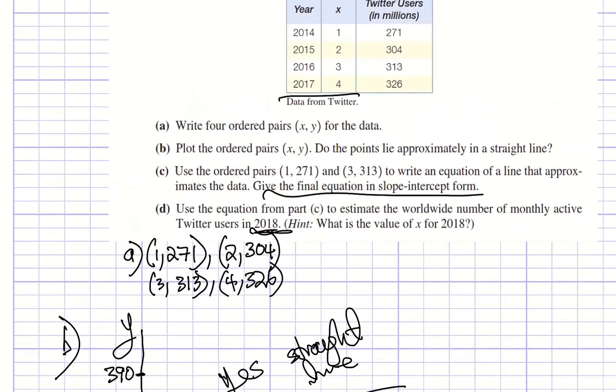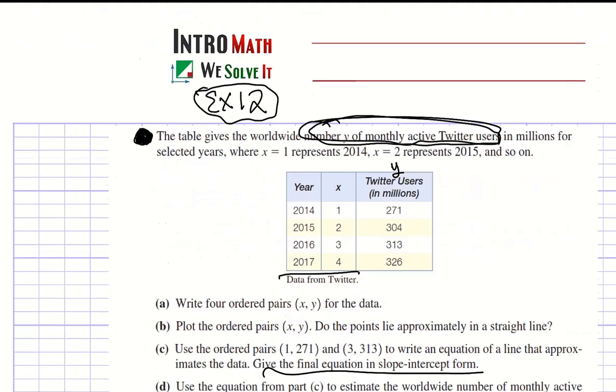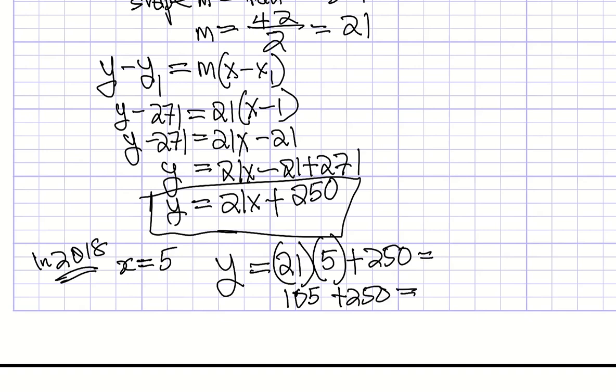Let me see. Let's go to the original. Yeah, y represents the number of Twitter users, okay? So to find the users, we'll say y equals 21 times 5 plus 250. We'll multiply, and 21 times 5 is 105. 105 plus 250, what do you get? It's 355.